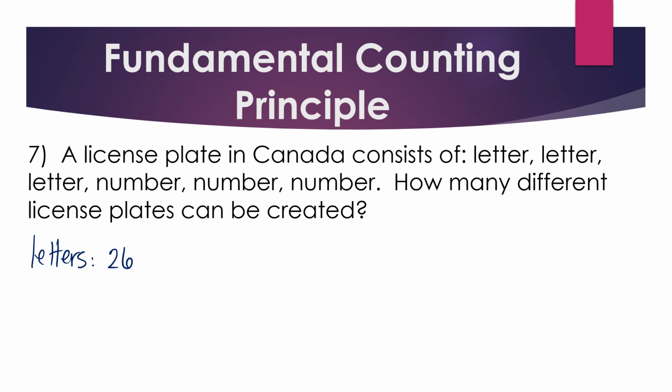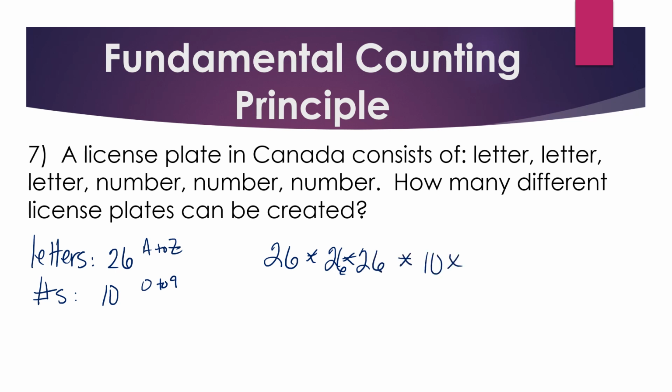So there are 26 letters in the alphabet from A to Z. And as far as numbers go, there are 10 because we're going to count from 0 to 9. Okay, so we can do a letter followed by a letter followed by a letter, and then 3 separate numbers.